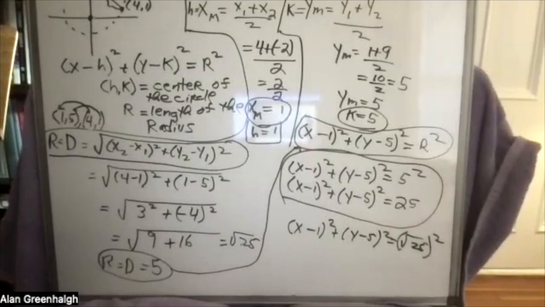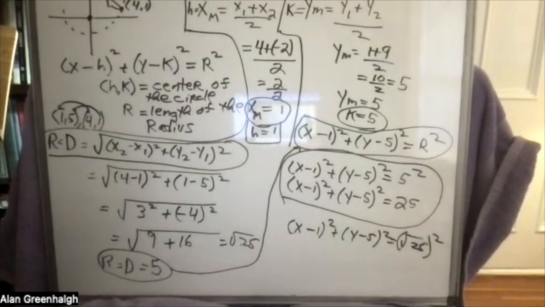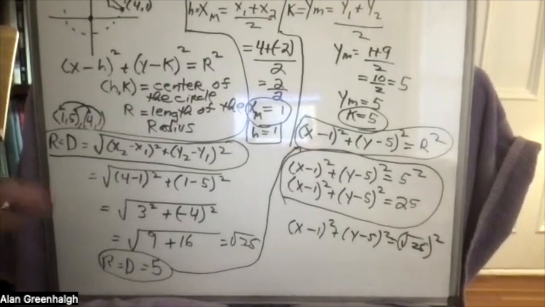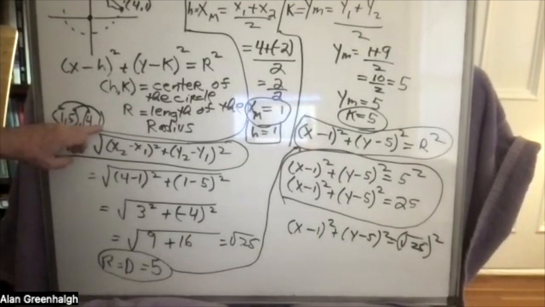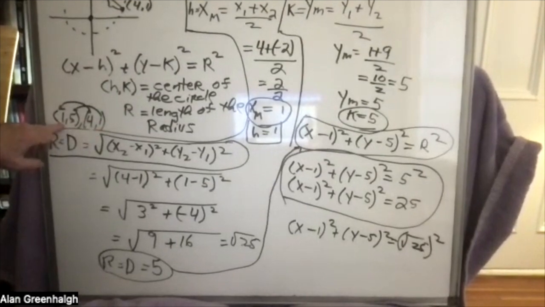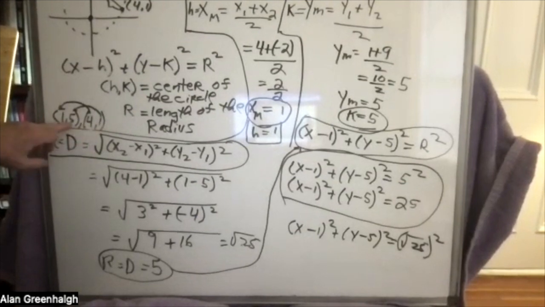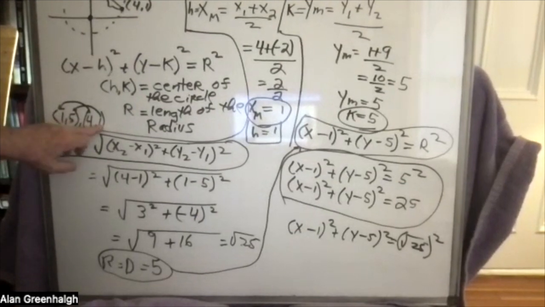Is it okay if we do 1 minus 4 or 5 minus 1? If you do 4 minus 1, you also want to do 5 minus 1, right?